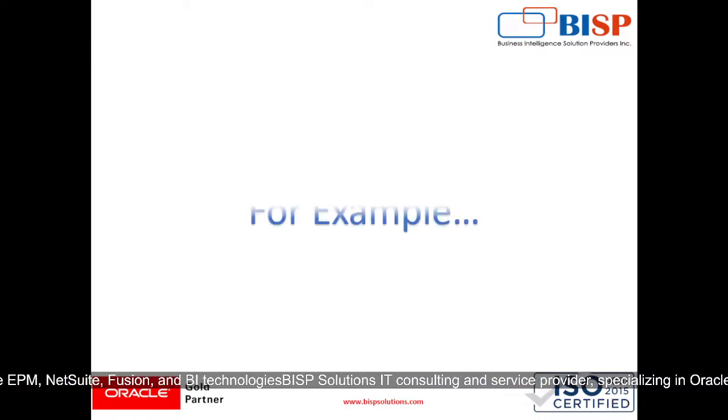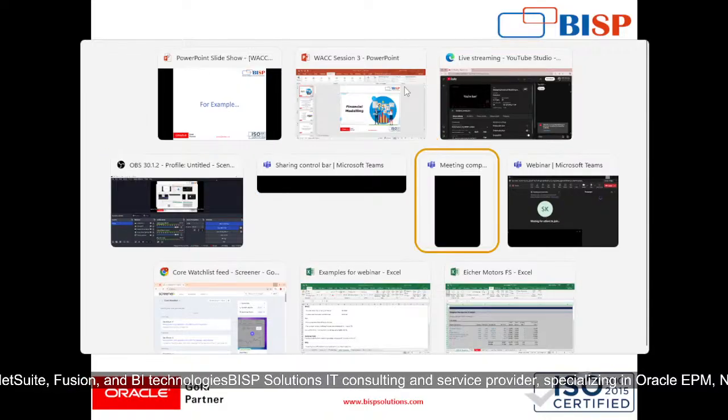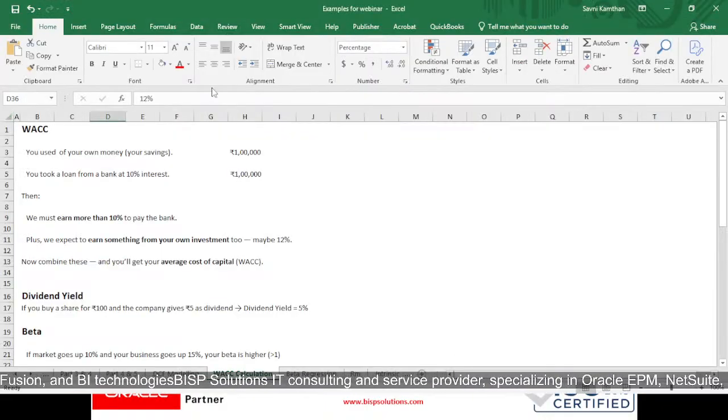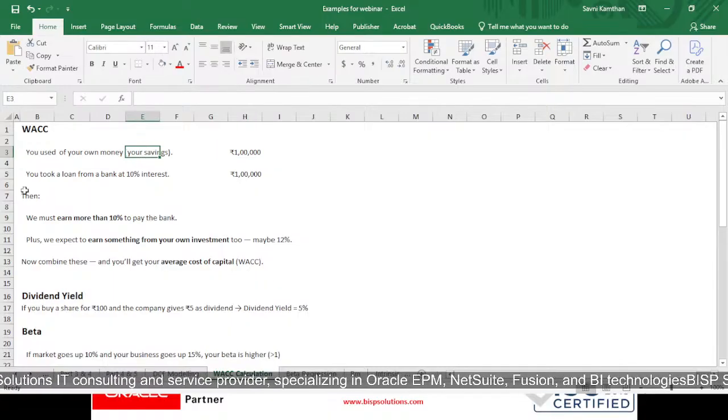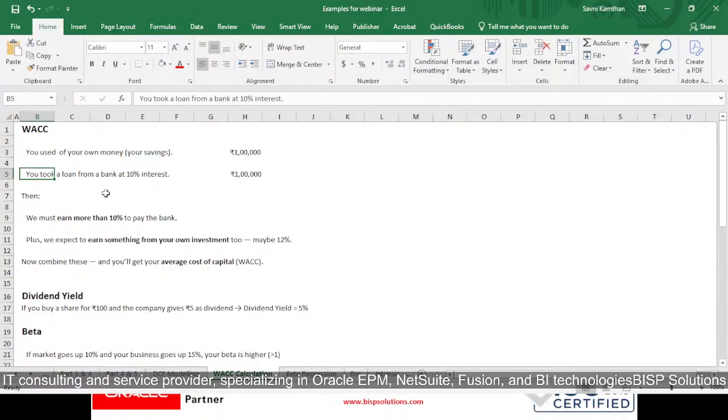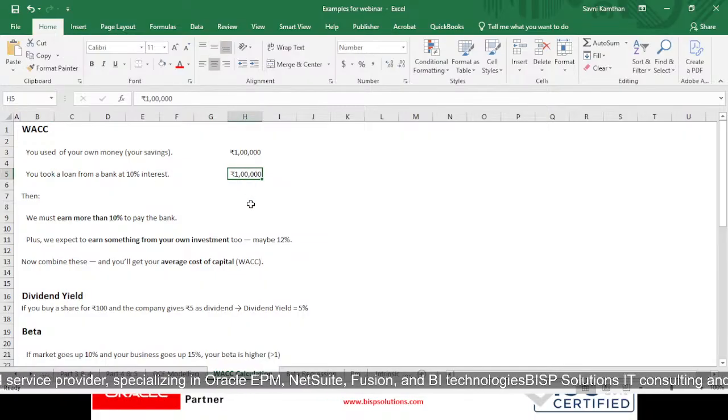So for example, we are using 1 lakh rupees of our own money, which is called savings, and we have taken a loan from a bank at 10% interest of the same amount, which is 1 lakh rupees.